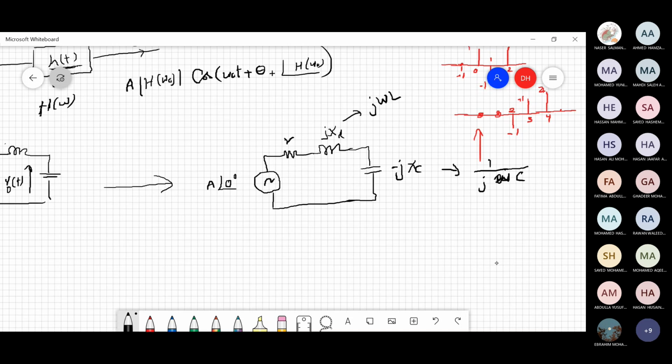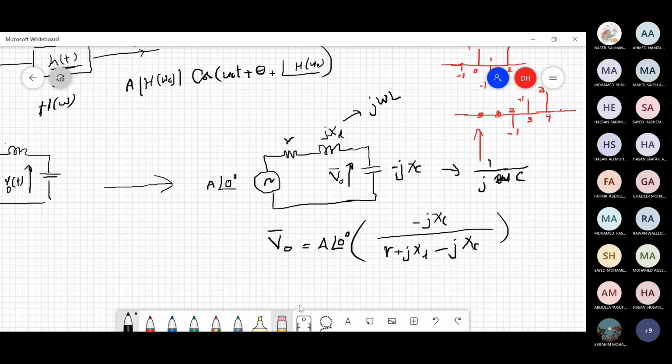The output here we are finding in terms of what we call the phasor. So V out is not V as a function of time, it is just V out. Okay, which is equal to just applying the divider rule, multiplied by this one, which is minus jXC divided by the total.